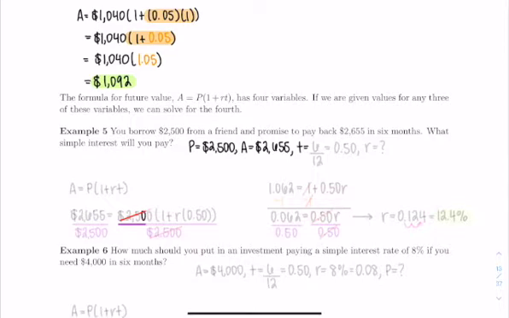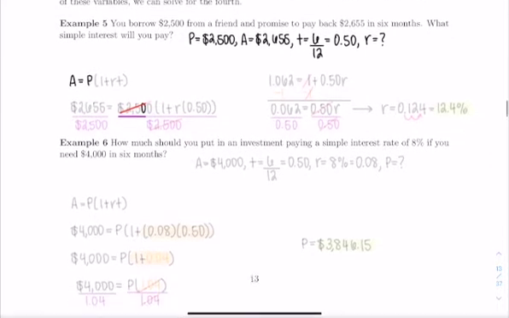Our time is 6 months. Now remember, we have to put this out of the total amount of months, which is 12. So we have 6 over 12, and I'm just going to use a decimal, which is 0.50. And so what I'm missing is the R, the simple interest rate.